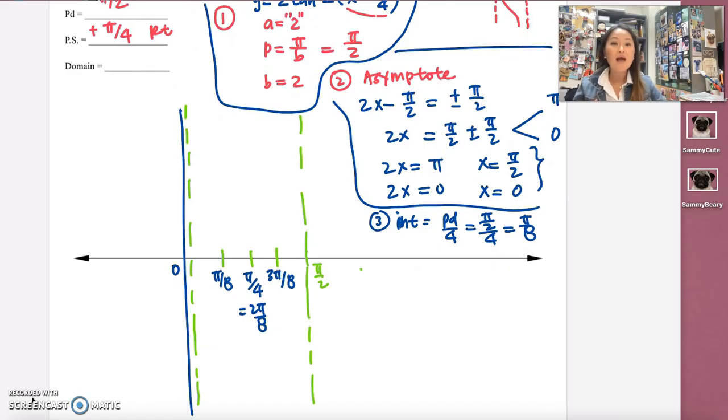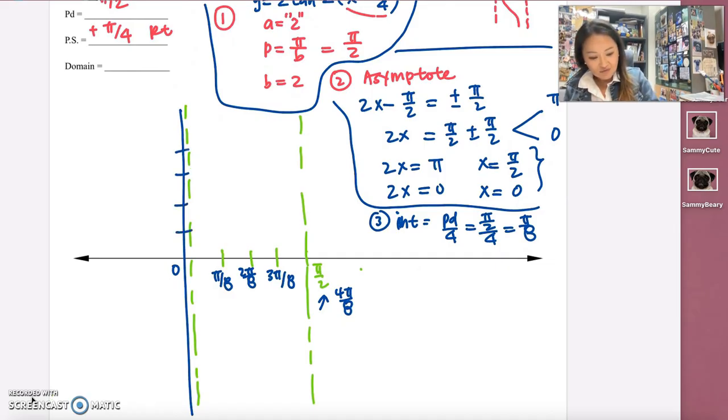So it's growing pi over 8 every time. Honestly, if you want to write this one as pi over 2, that's okay too, and if you want to write this one as 4 pi over 8 to make it more understandable, you can do that too. Okay? All right, but now let's get started.